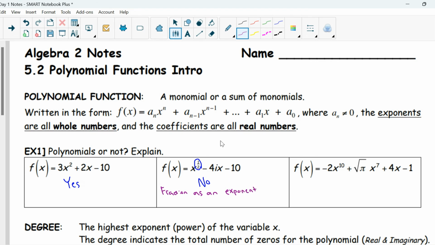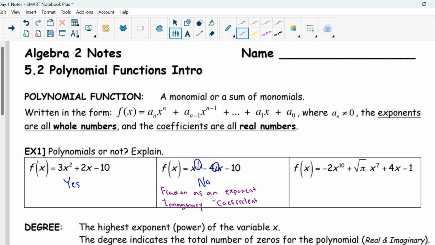The other thing I notice is that all of our coefficients have to be real numbers. In this case, we have a coefficient that is an imaginary number. So those are the two roadblocks from that one being a polynomial.